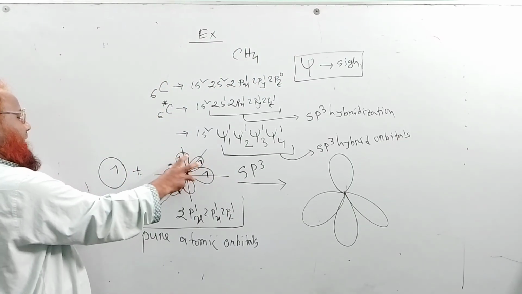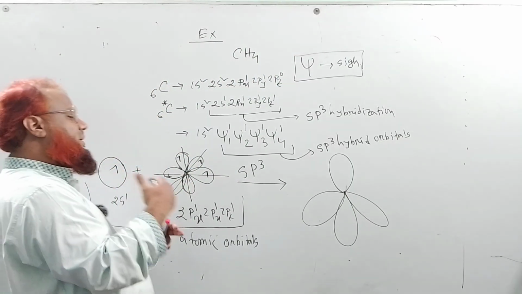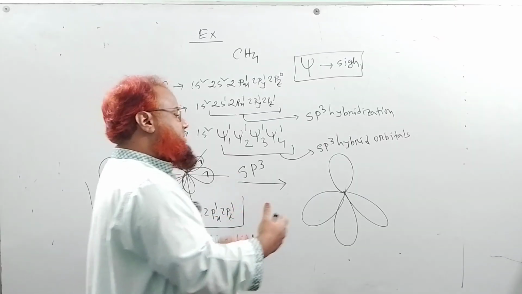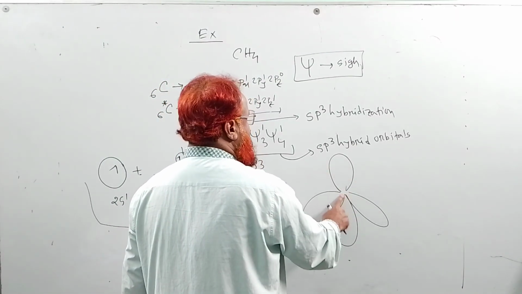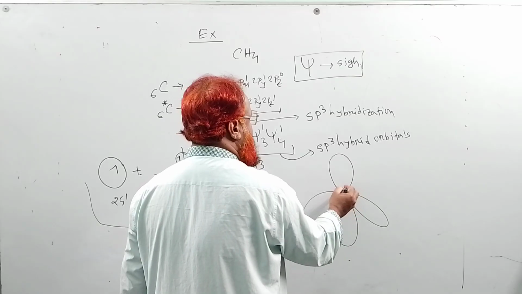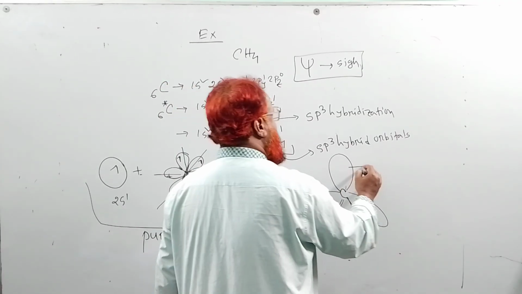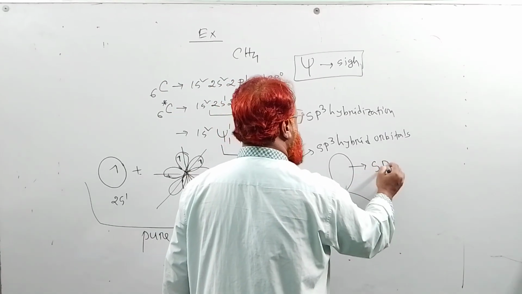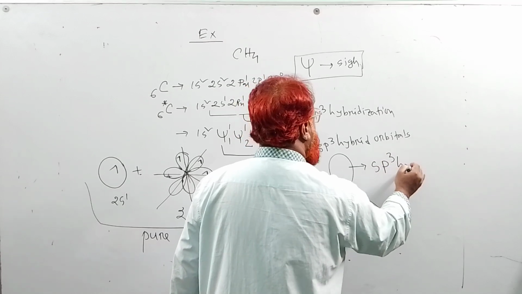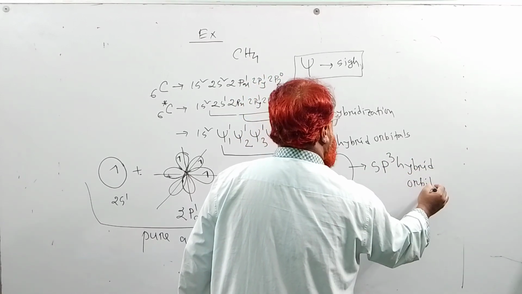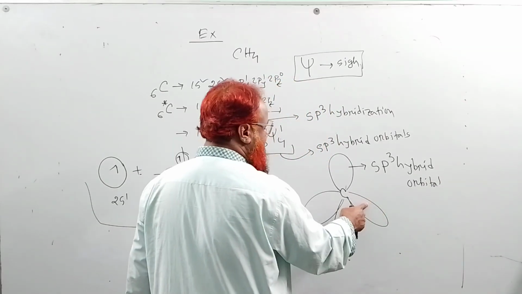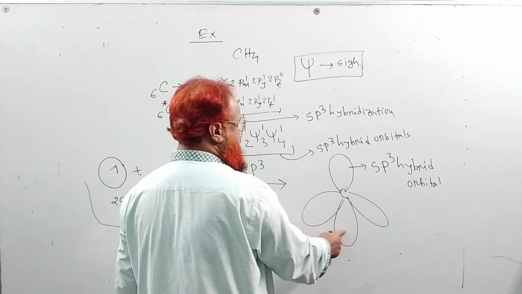Here 3 and here 1, and they will make the new orbitals, number 4, present in the valence shell of carbon, and every orbital will be named sp3 hybrid orbital. So, this is sp3 hybrid, this is sp3 hybrid, and this is also.